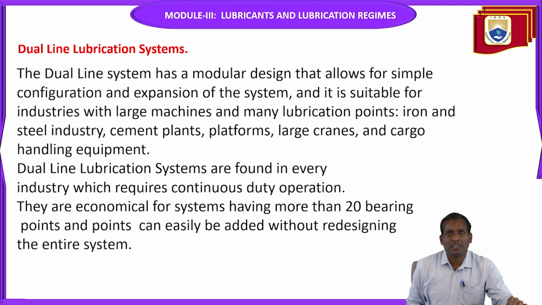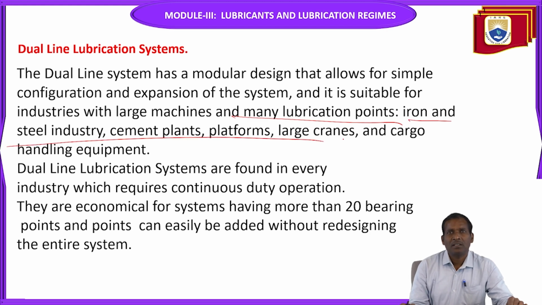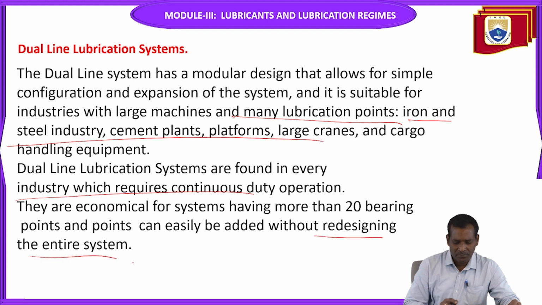It is suitable for industries with large machines and many lubrication points: iron and steel industry, cement plants, platforms, large cranes, and cargo handling equipment. Dual line lubrication systems are found in every industry that requires continuous duty operation. They are economical for systems having more than 20 bearing points, and points can easily be added without redesigning the entire system.